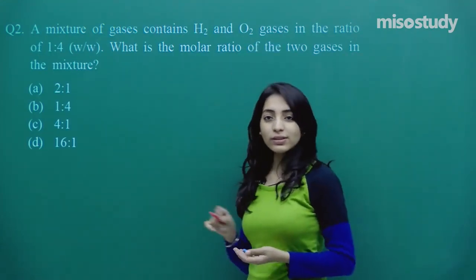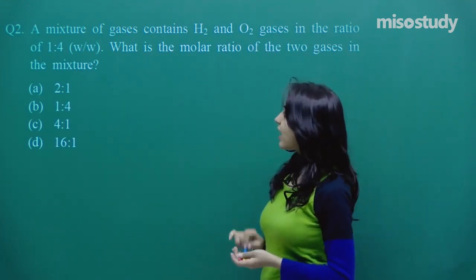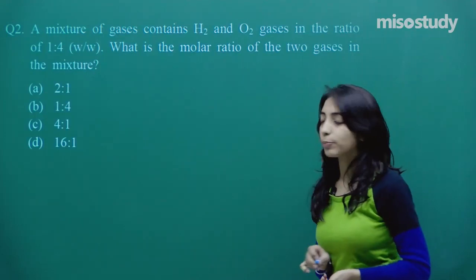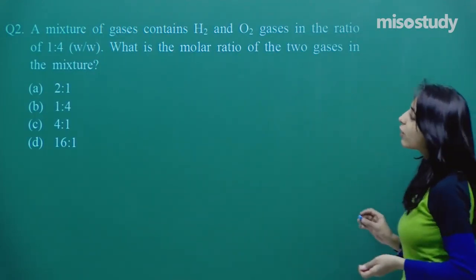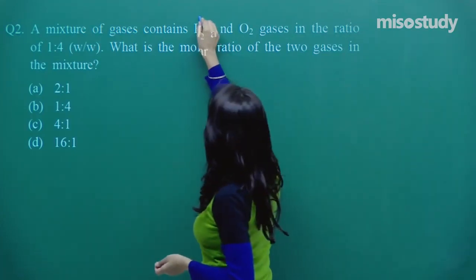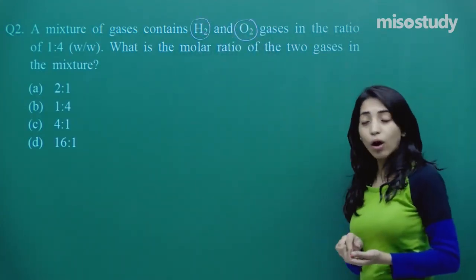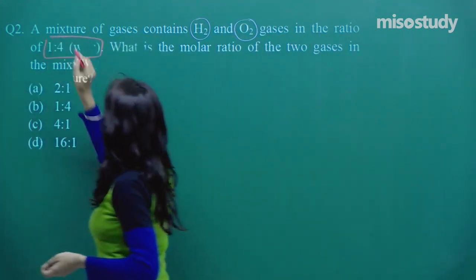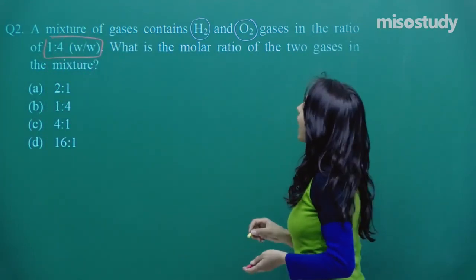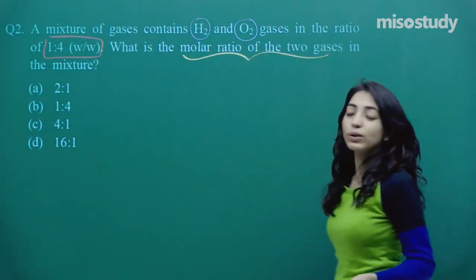It's a simple question and this was asked in, I think, the 2011 NEET paper. So the question is, a mixture of gases contains hydrogen and oxygen gases in the ratio of 1:4 weight by weight. And now you need to simply calculate the molar ratio of these two gases in the mixture.